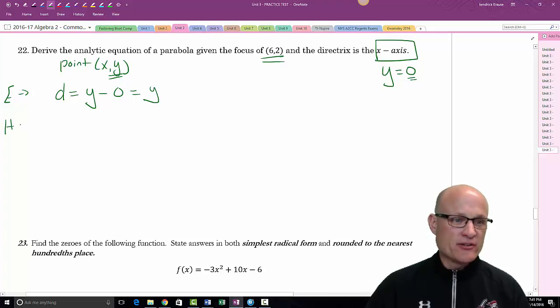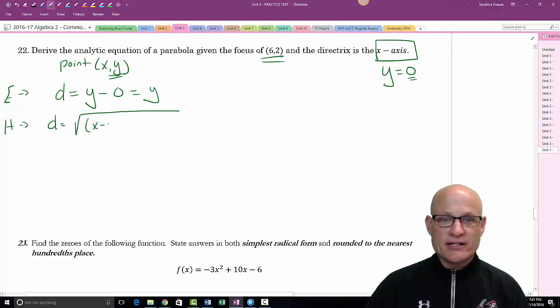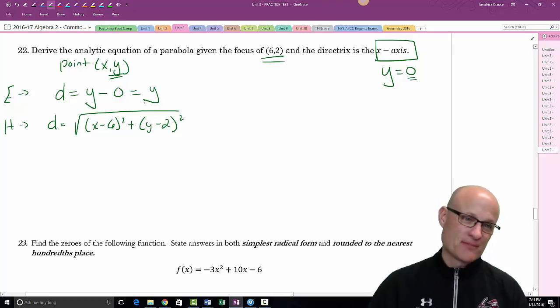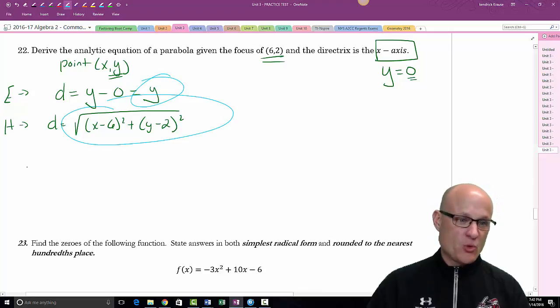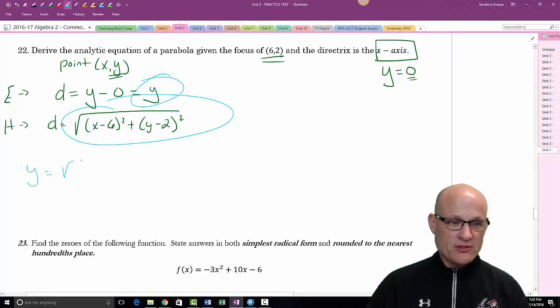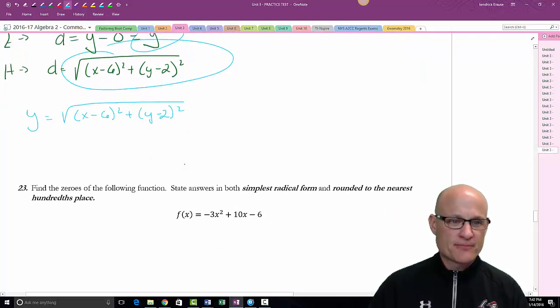And then the harder distance is going to be equal to the square root of x minus 6 squared plus y minus 2 squared. Going to set these bad boys equal to each other. So y is equal to the square root of x minus 6 squared plus y minus 2 squared.